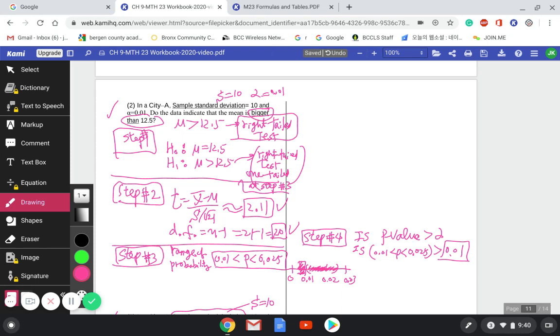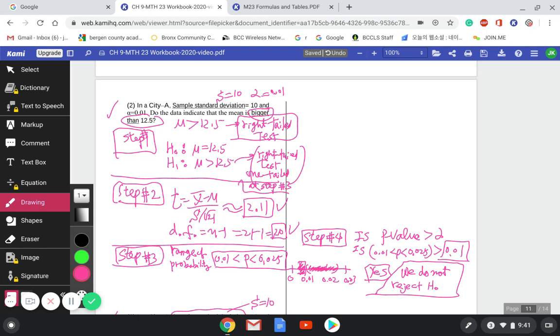Yes. Yes, it is. So what happened? We do not reject h of 0, this case. Okay, we keep h of 0 as the still population mean.